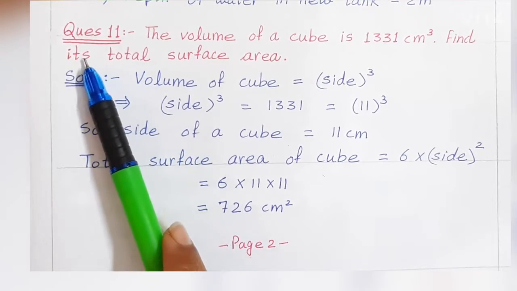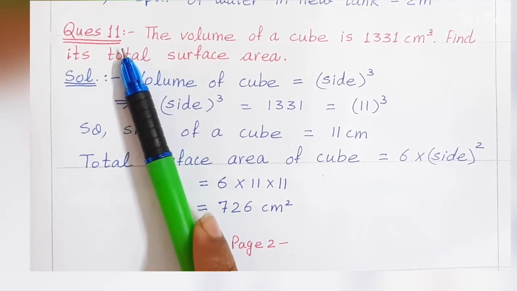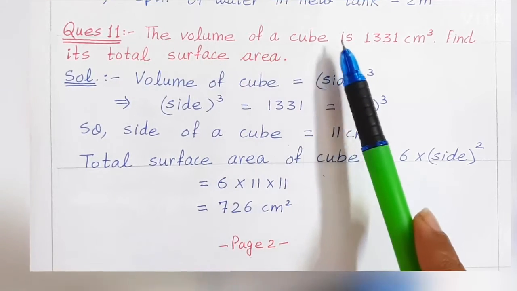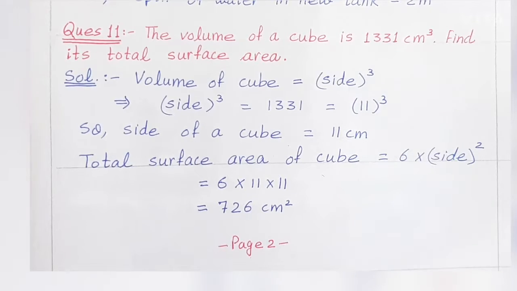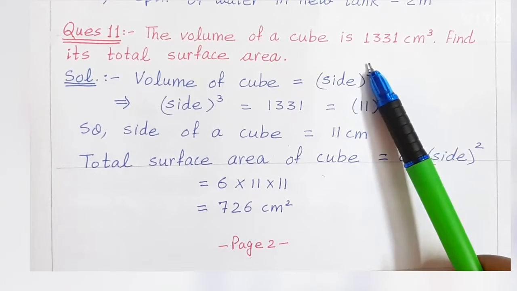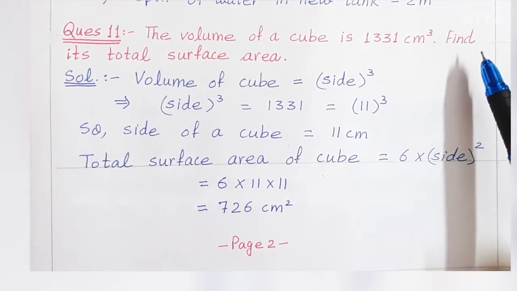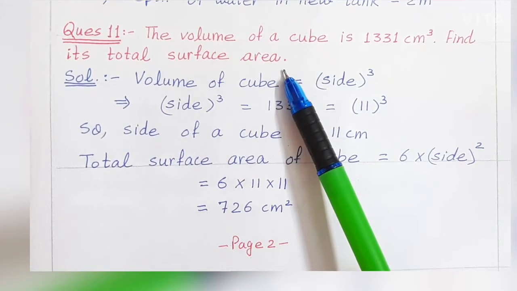Now let us discuss question number 11 from exercise 17.1, that is, the volume of a cube is 1331 centimeter cube. Find its total surface area.